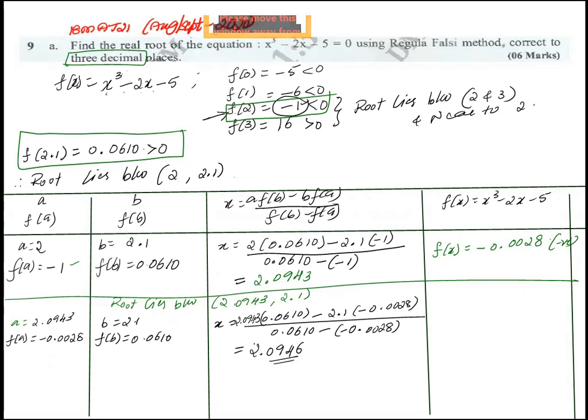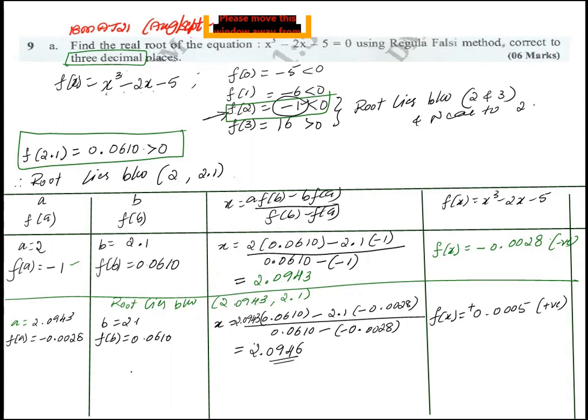Next, calculate f of x. You will get 2.0946 power 3 minus 2 into 2.0946 minus 5. You will get positive 0.0005, which is positive.